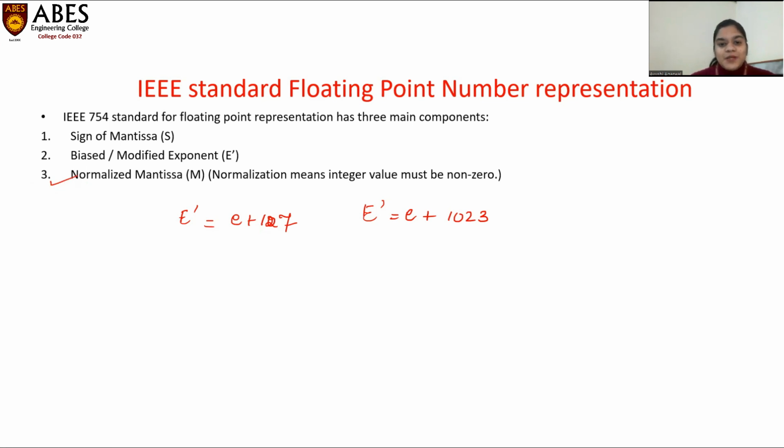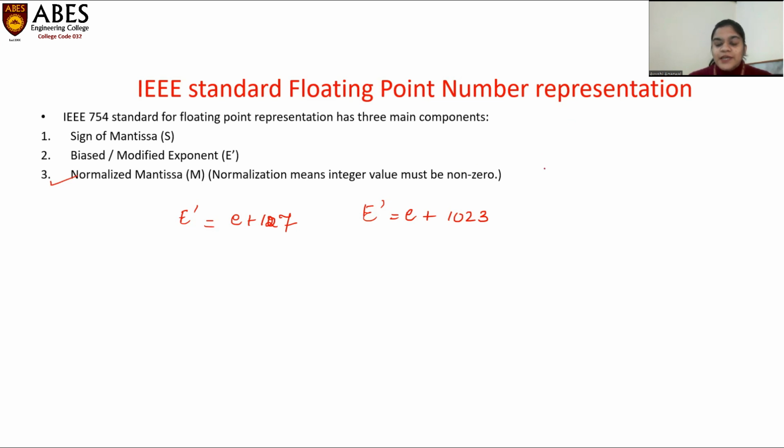Normalized mantissa means that while using your value in the form of decimal or floating point representation, your floating point or decimal point, or you can state it as radix point, must be adjusted to such a position where the integer section just before the decimal point must be either 1 or some other value, but it should not be 0.